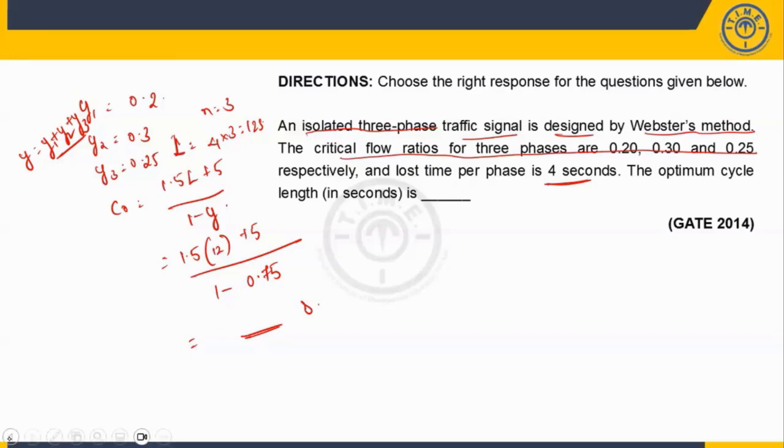So 1.5 into 12 plus 5 upon 1 minus 0.75. Are the calculations simple today, as I told you? Yes, sir. Sir, 92 seconds.